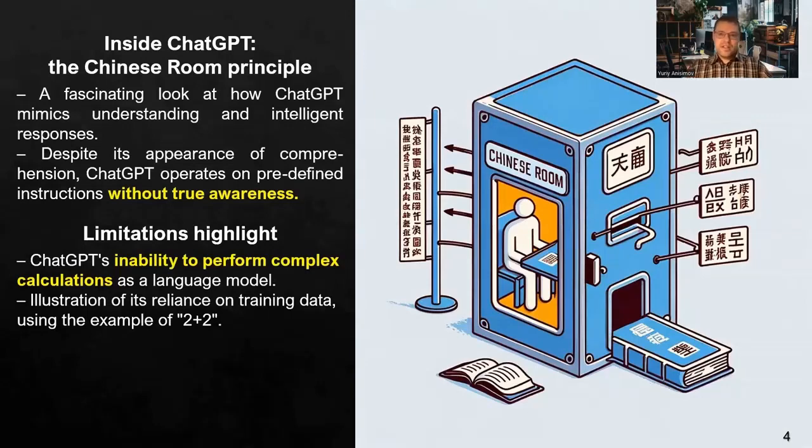Basically, if a person throws a character into the Chinese room, there is another person sitting inside the room, and they just have instructions on how to process it, and then the processed result can be seen by the person outside, and they think that the person sitting inside the Chinese room knows the Chinese language, but in fact, no. The person inside the room knows just the instructions. Same is ChatGPT. It knows the instructions, but it processes information according to these instructions, how it was trained in different languages, and that's it.